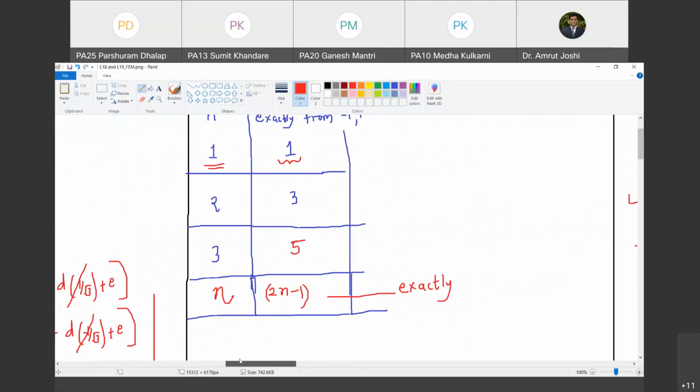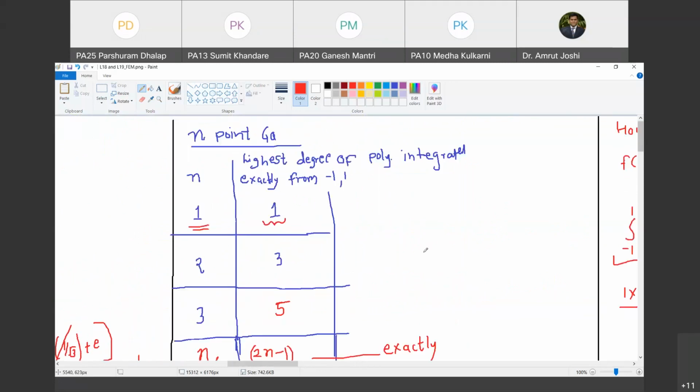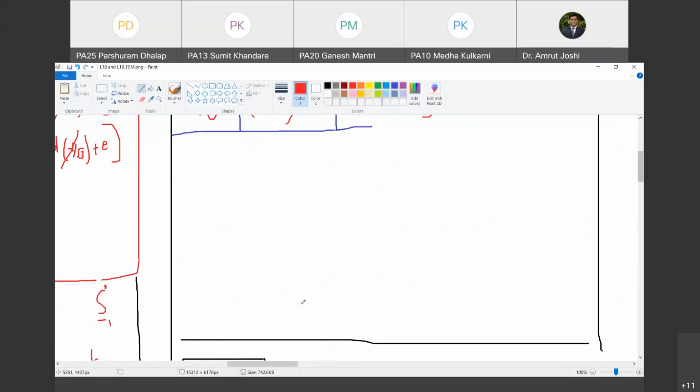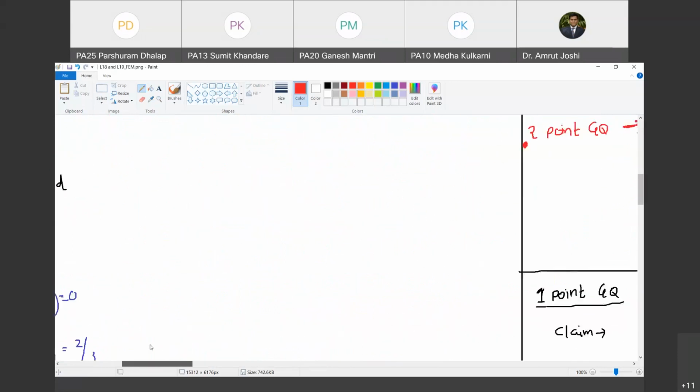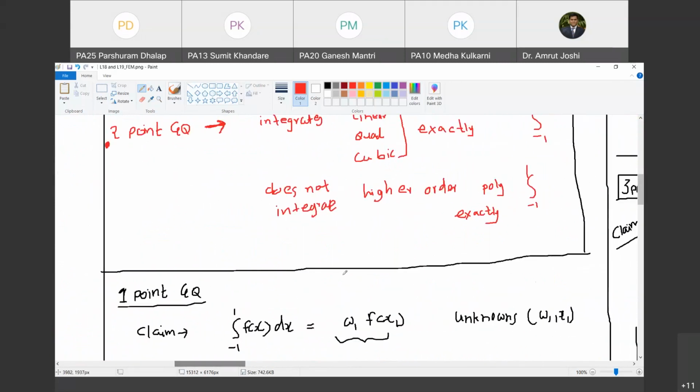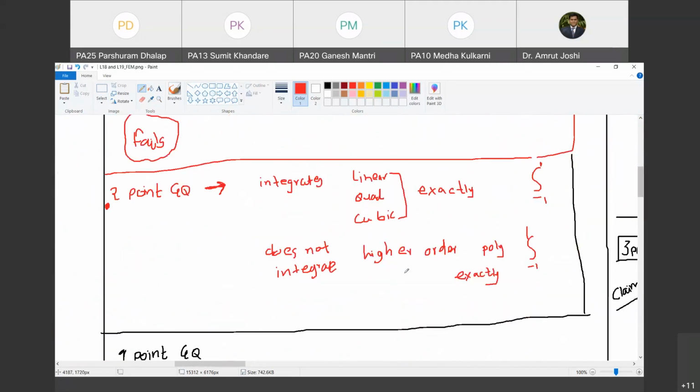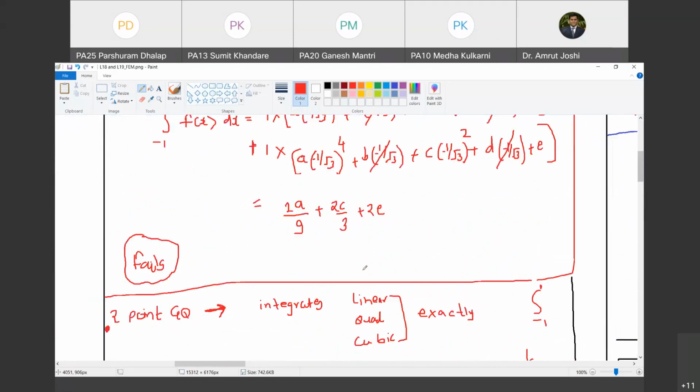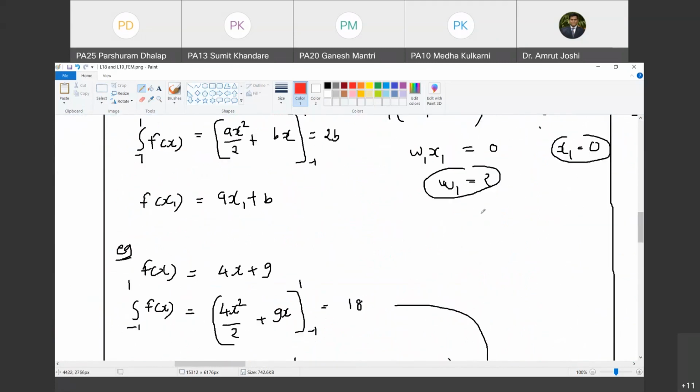Now, for 1 point Gauss quadrature, let me write down the points. What are the points? We have derived this. In 1 point Gauss quadrature, the point is 0 and the weight is 2.